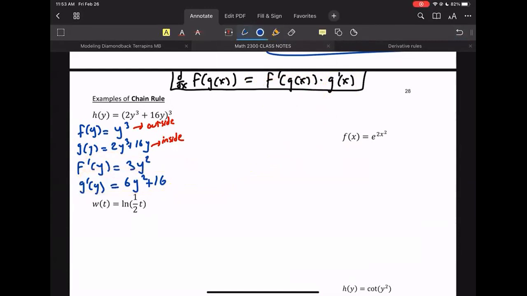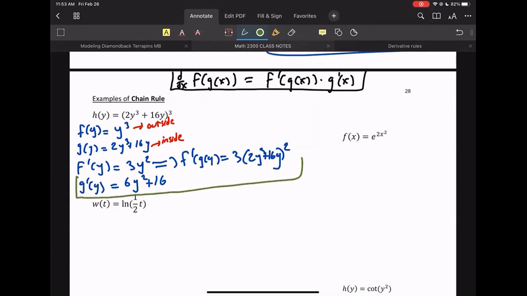It would be 3 parentheses, 12 parentheses squared. Yep. And then the g is going inside there, right? And so these are the two things we want to use. Right, those are the two pieces of the formula.